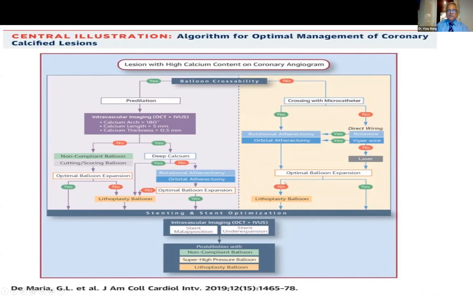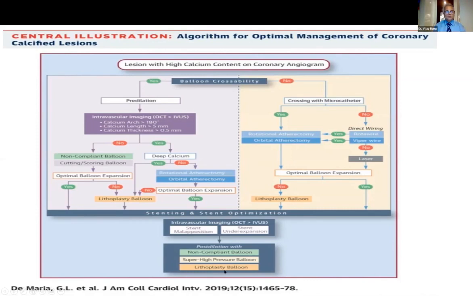If balloon expansion is not optimal, then lithoplasty again, and then go ahead with stenting and stent optimization with OCT. If not completely expanded, you can use a non-compliant balloon, super high-pressure balloon or lithoplasty balloon.